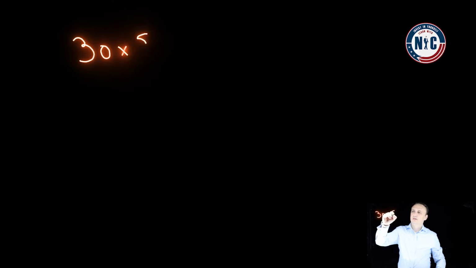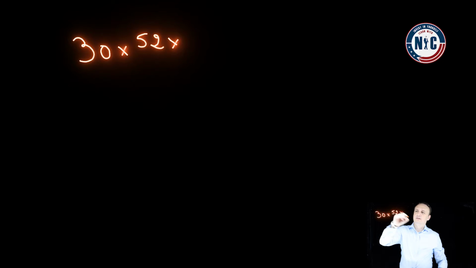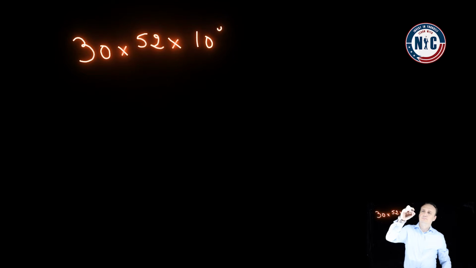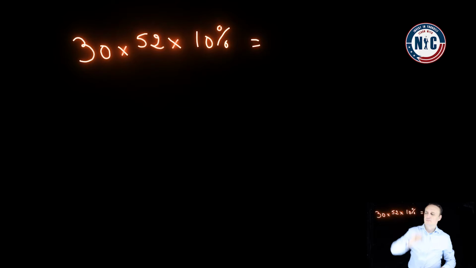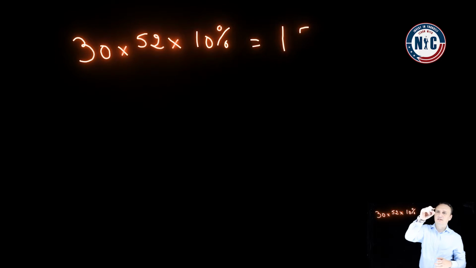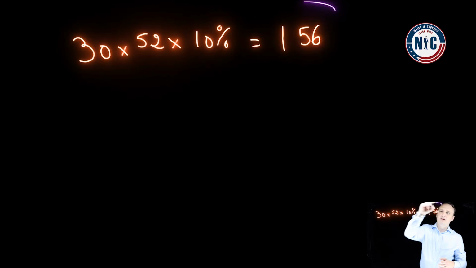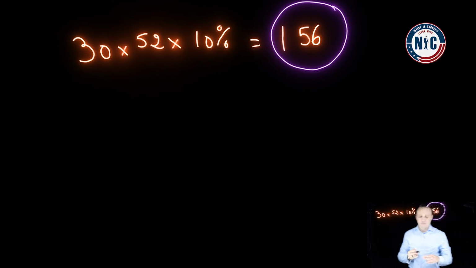So that would be 30 minutes times 52 weeks times 10%. That would effectively be 156 bad minutes per year. That's still well within your constraints of 99.9% of time. But it's starting to add up, right?